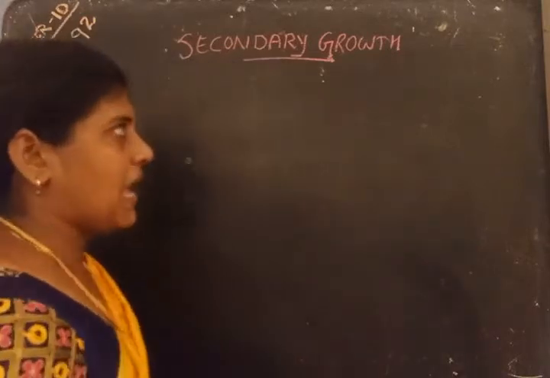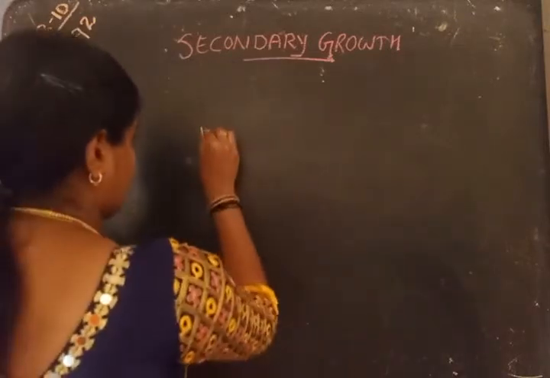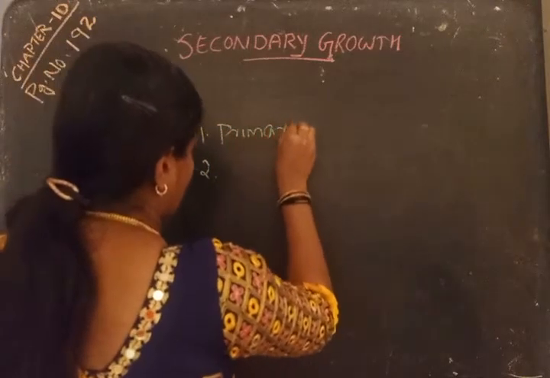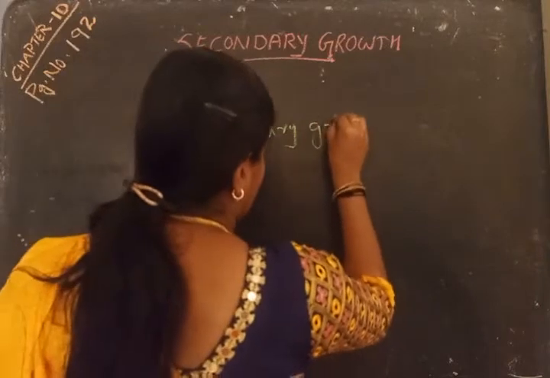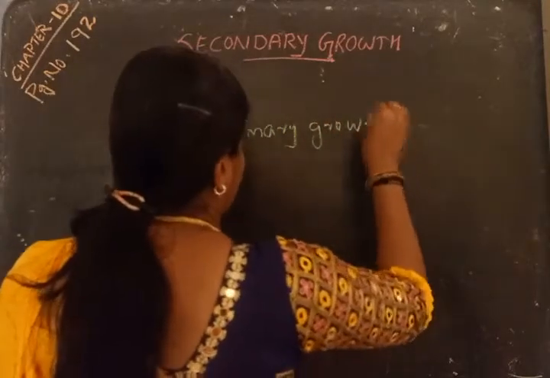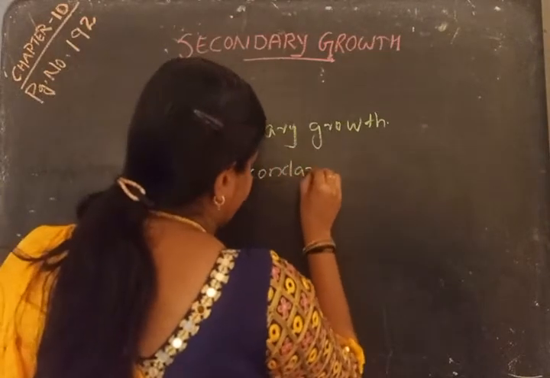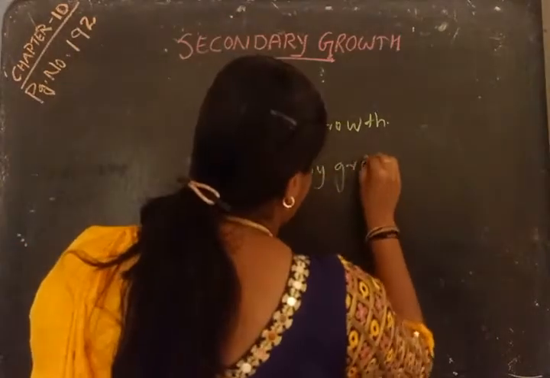Plants normally have two types of growth. One is primary growth, the second one is secondary growth.